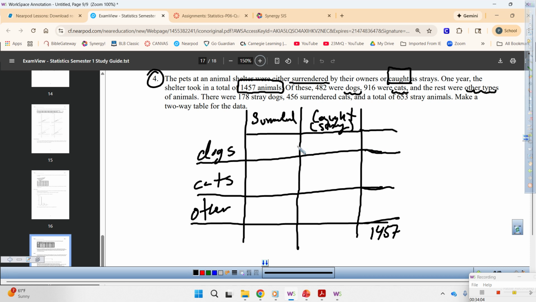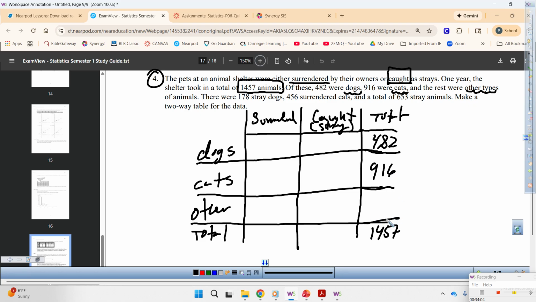So where do I write that? Right here. 482. So this is our total. All right. 916 were cats. 916. And the rest were other types. So they don't give us a number.